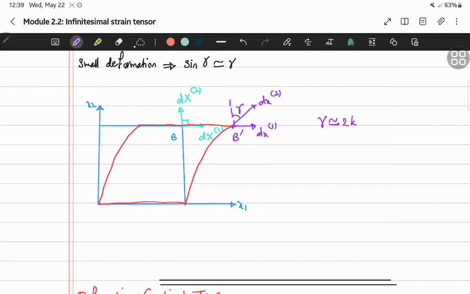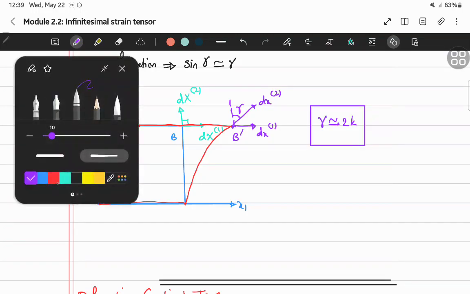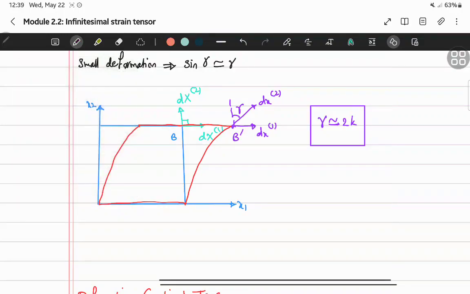This is the physical interpretation. The displacement is going to be k, but this change in the angle gamma is going to be approximately 2k for the infinitesimal strain.